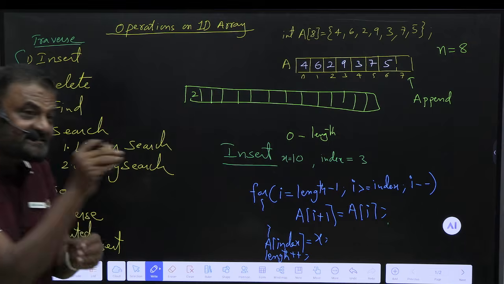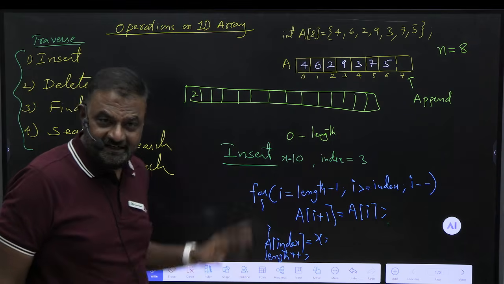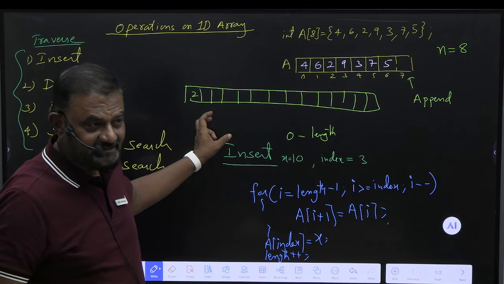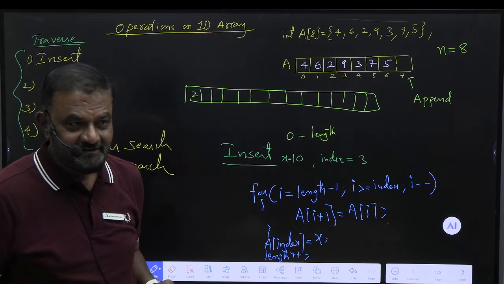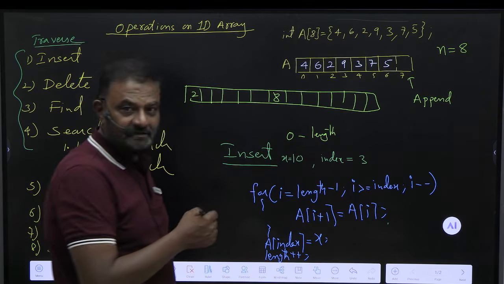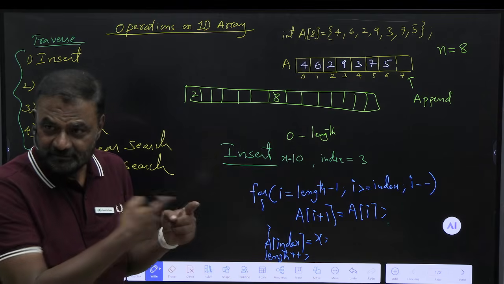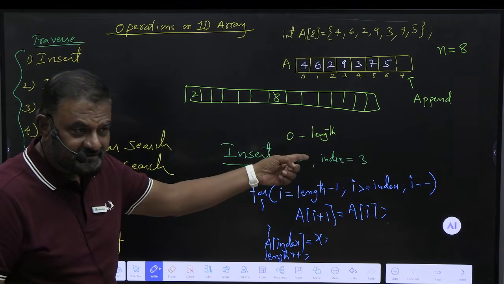When I want to insert a new element, so what I am concerned about? The size of this entire array or just how many elements are there present here? Number of elements present here, not the size of the array. So can I insert a new element here at this place? Can I insert an element and it will be a part of a list of elements? Will it be a part of a list of elements?